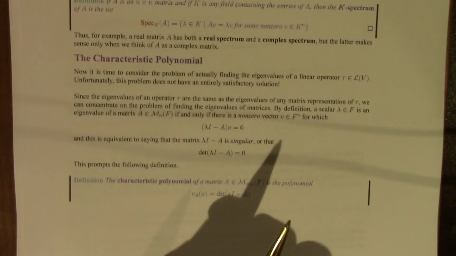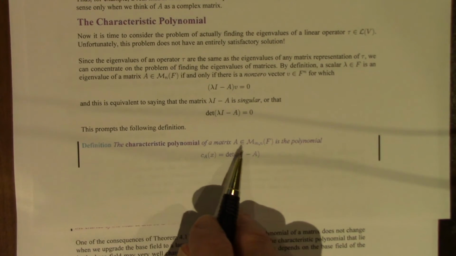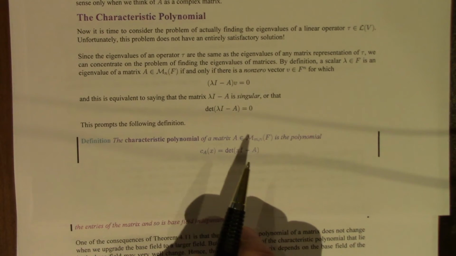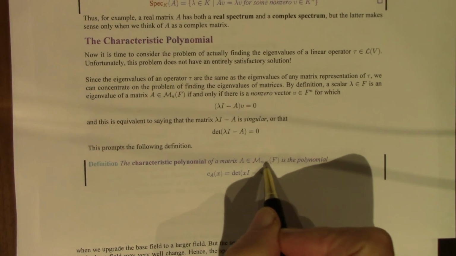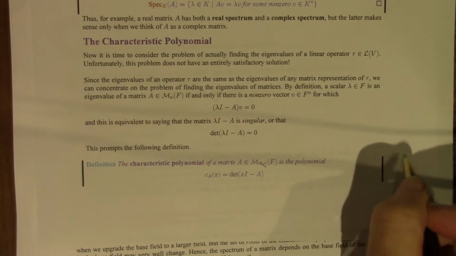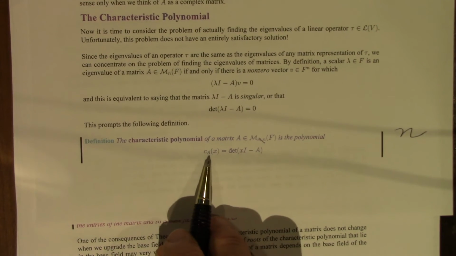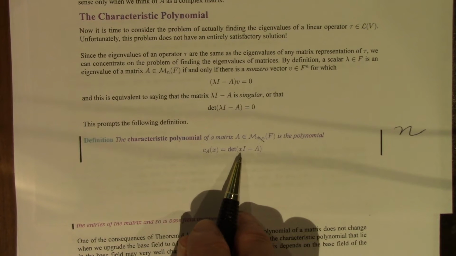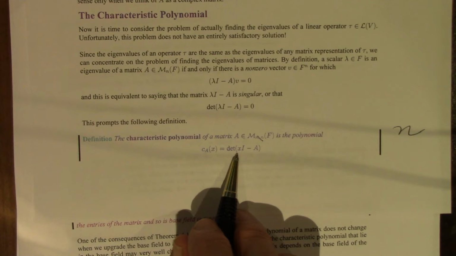So this prompts a definition. The characteristic polynomial of a matrix A, and this should be an n by n matrix, I have to fix that, is the polynomial determinant of xI minus A. x here is an independent variable.